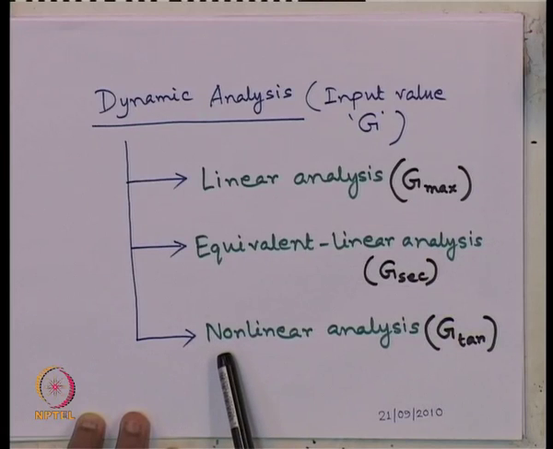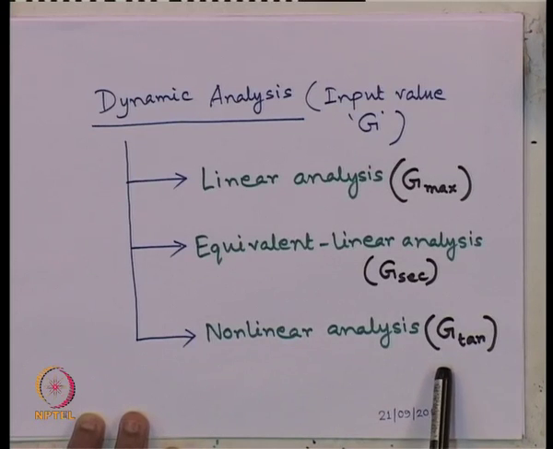Whereas, the most complex but most accurate analysis is nonlinear analysis, where we are able to capture the behavior of the soil material, that is the shear modulus of the soil material at any value of its cyclic shear strain.